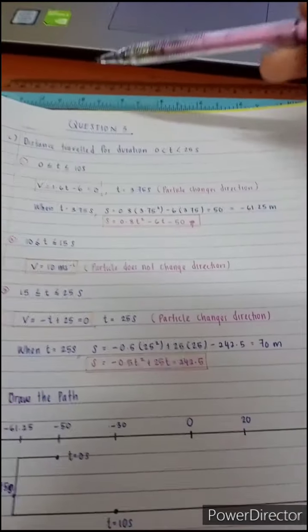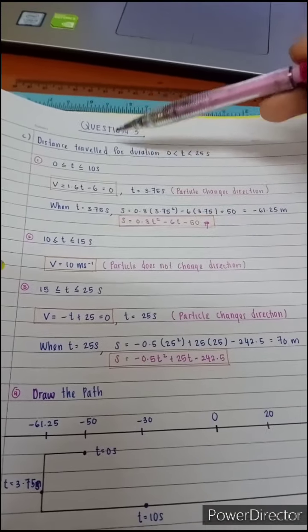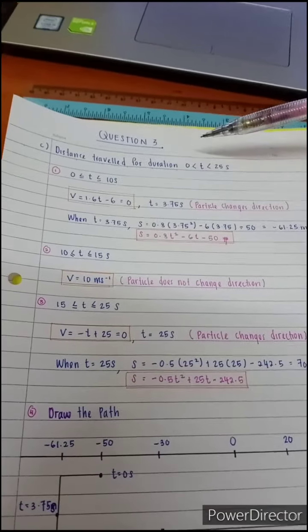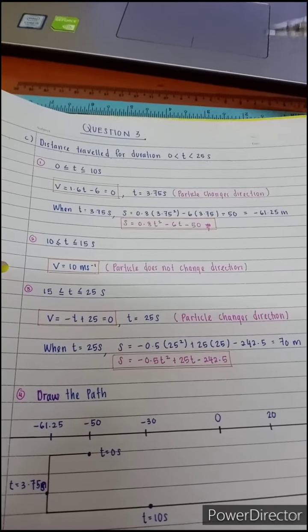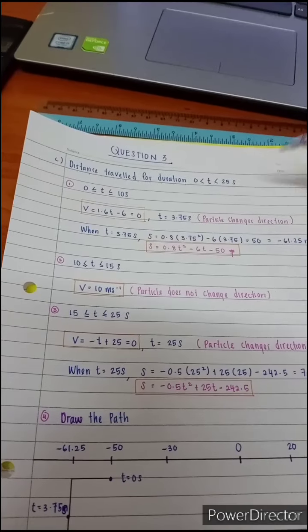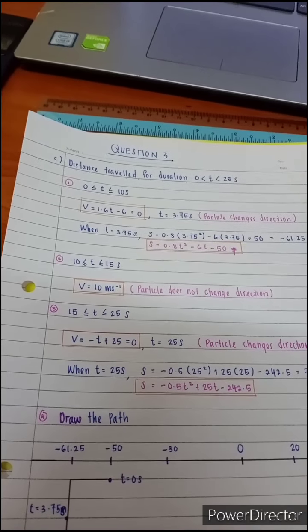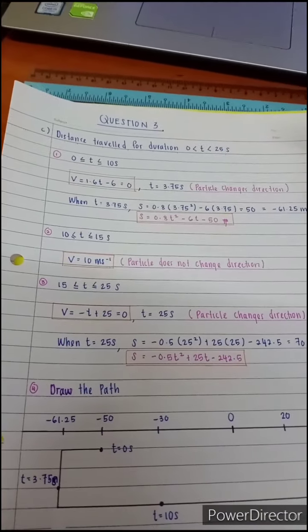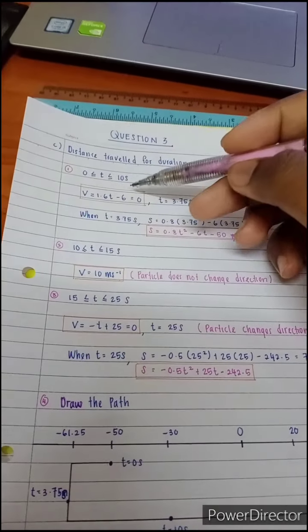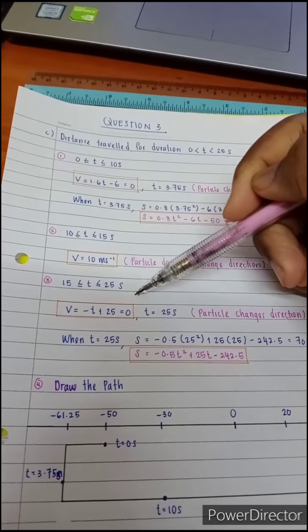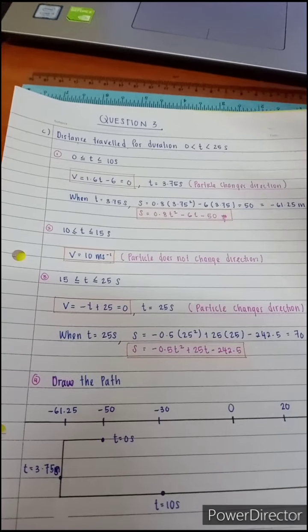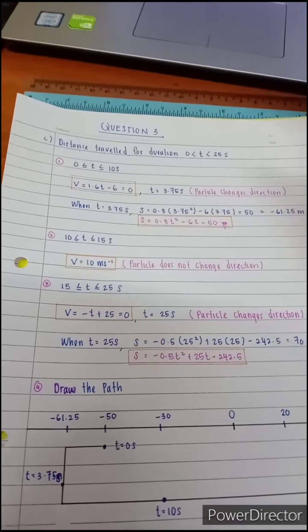The question C says distance traveled for duration 0 to 25 seconds. If you want to find the distance, first you have to divide it by how many segments. In this question we have 3 segments: 0 to 10 seconds, 10 to 15 seconds, and 15 to 25 seconds. If you look at the graph, you can see there are 3 segments.